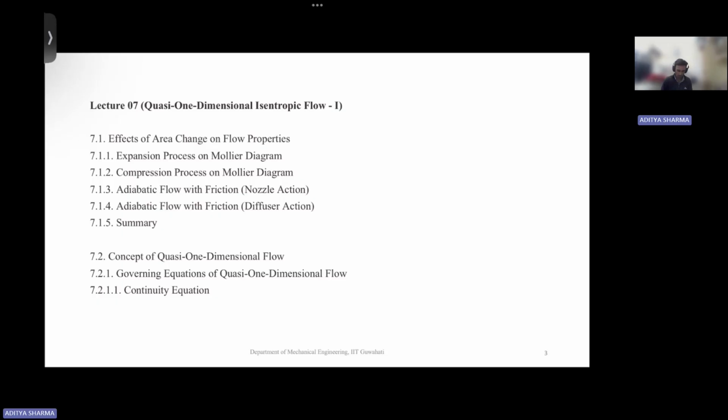Its topics. The first topic is effects of area change on flow properties. If a flow is happening and the area of the cross section changes, this is A1, this is A2, what happens then?